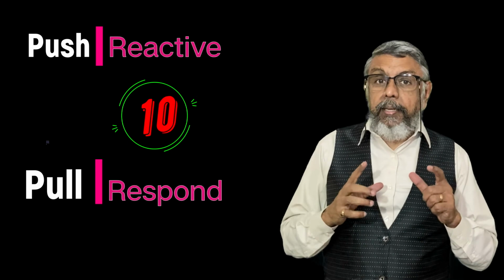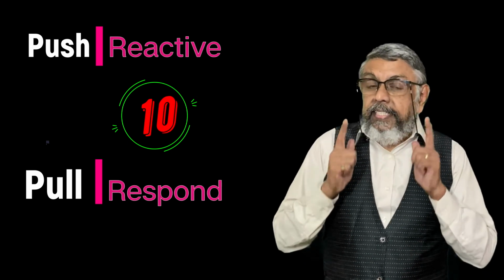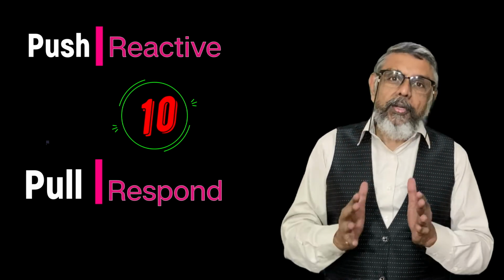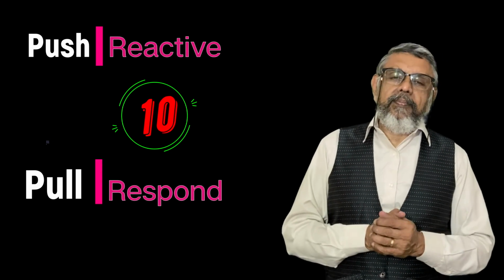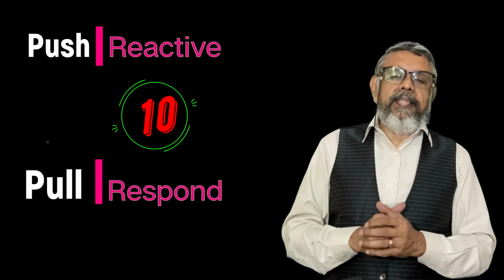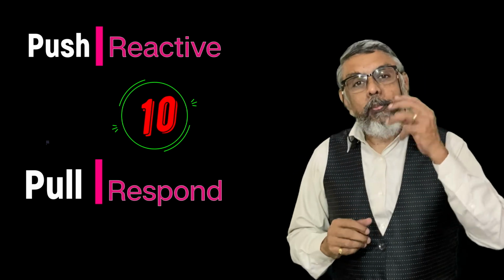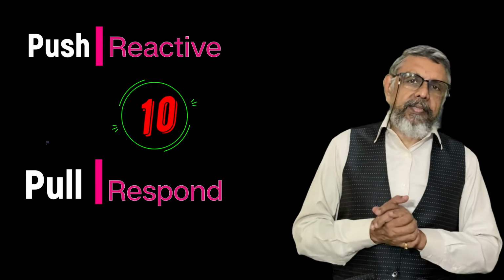The pull category guy, he looks for reasons. He's an initiator. He thinks. He looks into the reasons. Why did it happen like this? And when he understands the reason for things going that way, now he responds. In responding, there is calmness.